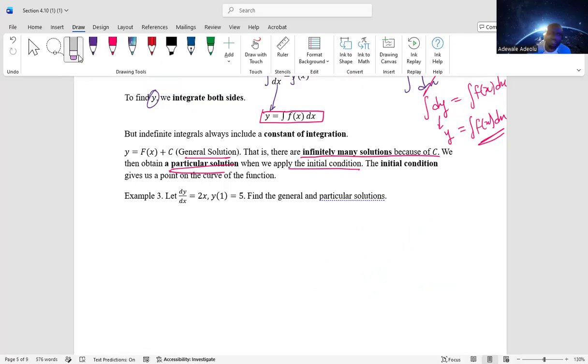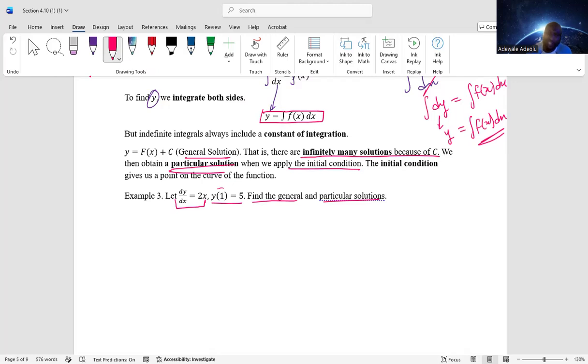Okay, let us look at an example. Example: let dy/dx equals 2x, y of 1 equals 5. This is the initial condition. Now, the question is asking us to find the general and the particular solution. You can see this is a differential equation. We have some function together with its derivative.